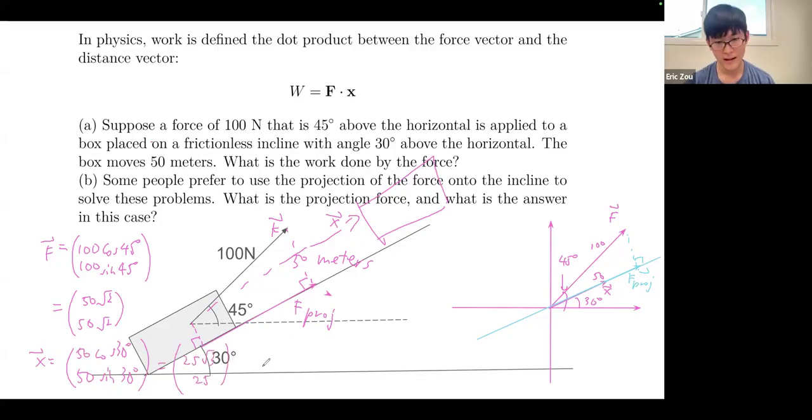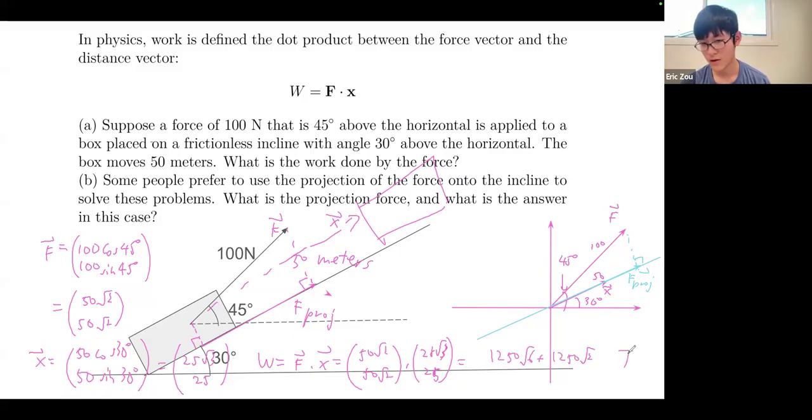And if we do the dot product, work is F dot x, which is 50 root 2, 50 root 2, dot 25 root 3, 25, which is 1250 root 6 plus 1250 root 2. Technically, the unit should be joules. And if you round it to 3 decimal places, this is 4,829.629 joules.